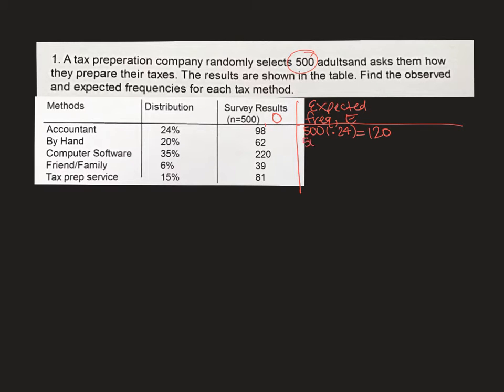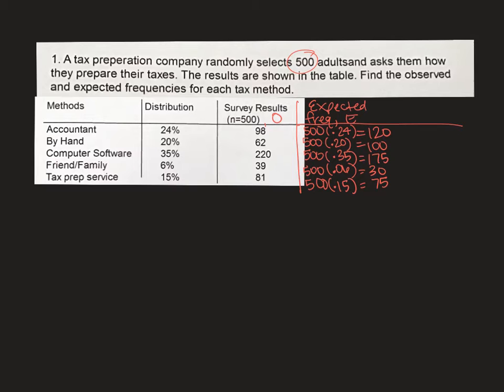For doing it by hand, 500 times 20% is going to give us 100. Computer software, 500 times 35% is 175. Friends or family, 500 times 6% is 30. And then tax prep service, 500 times 15% is 75.